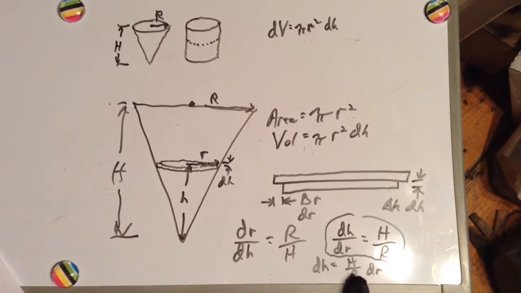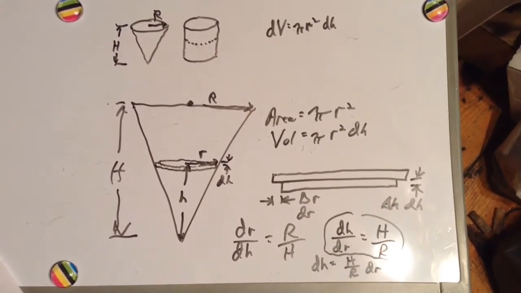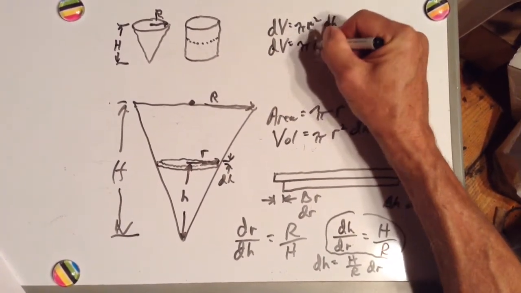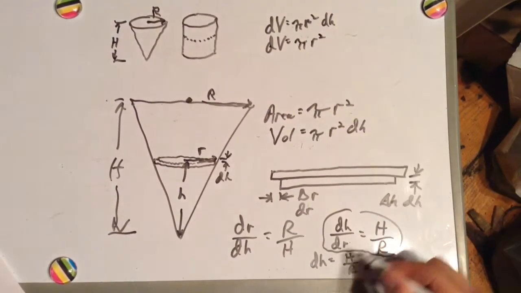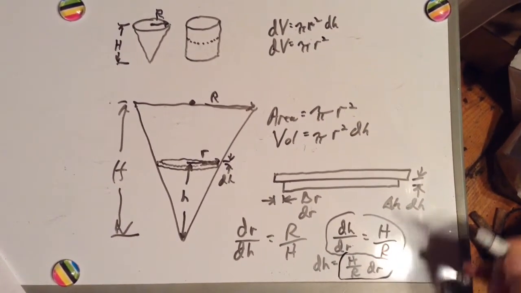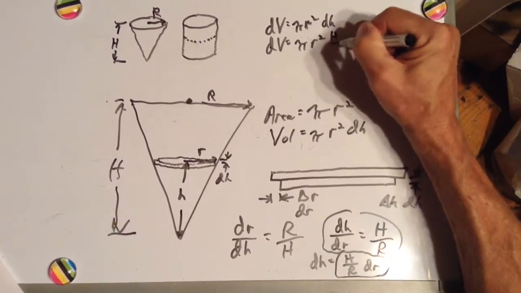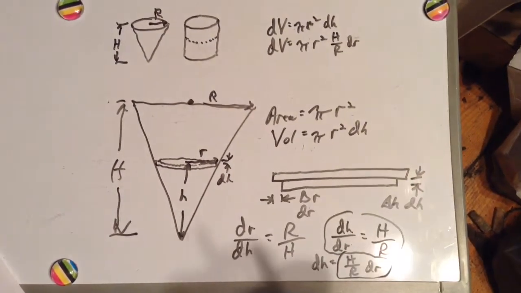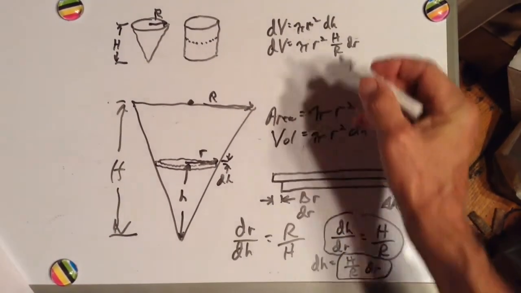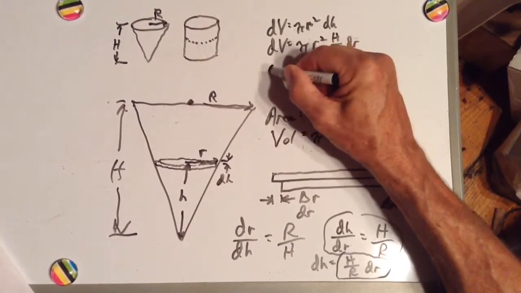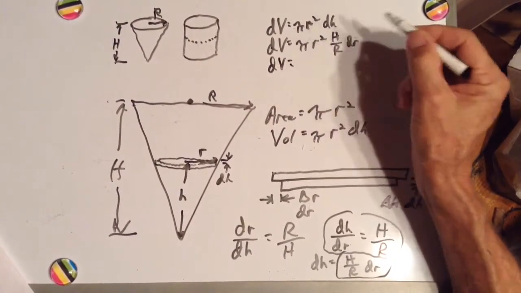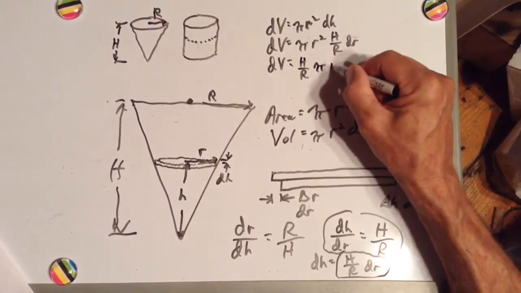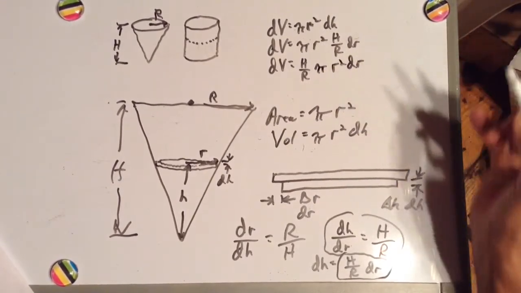But since dH equals H over R dr, we can now say dV equals pi r squared, and instead of saying dH, we'll just say what dH is, H over R dr. So if we move all of our constants over to the left, we rearrange this and say dV equals capital H over capital R times pi times r squared dr.